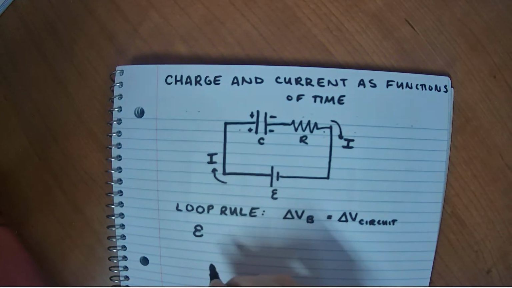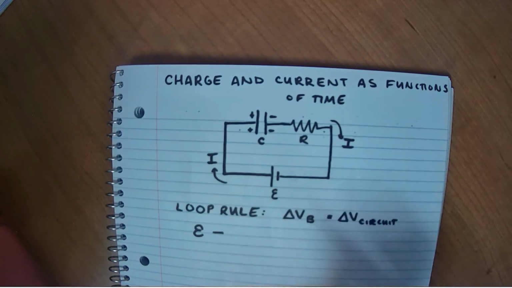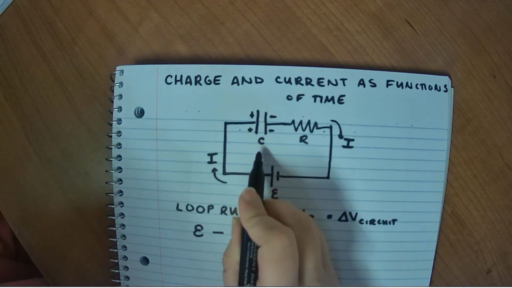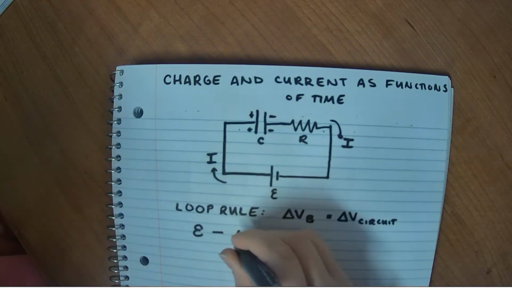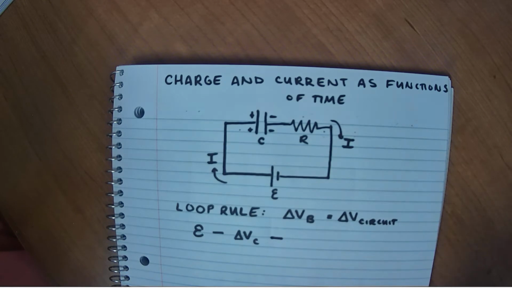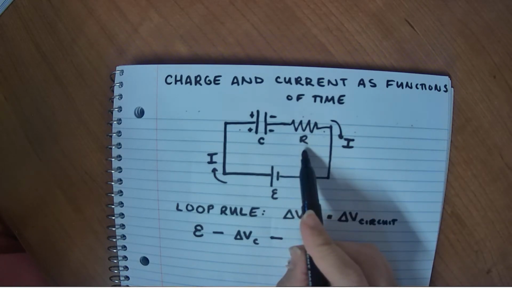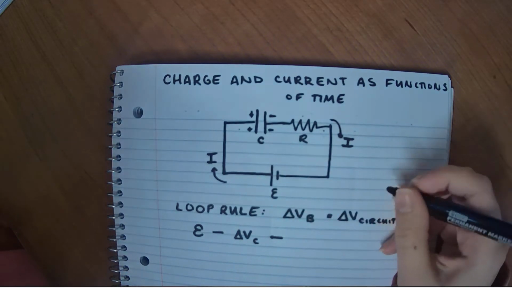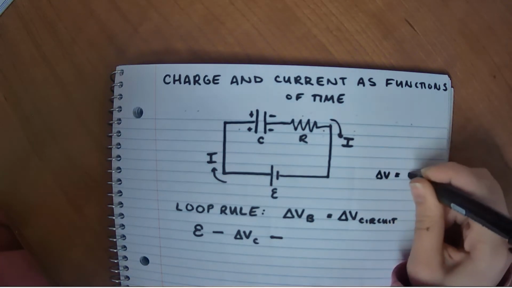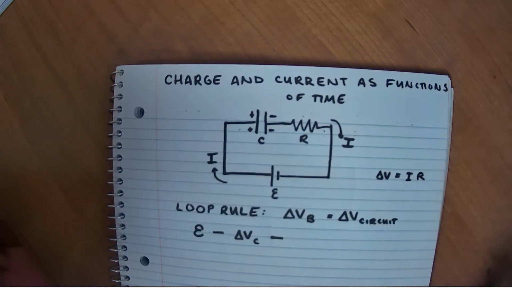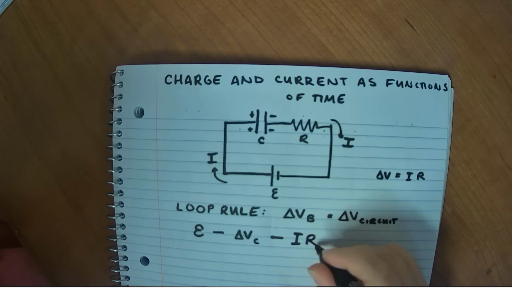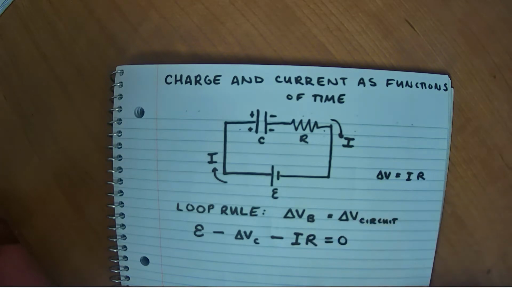So we can say EMF minus the potential difference of the capacitor, which is the change in V of the capacitor, and then also minus the potential difference across the resistor. We know that the potential difference is current times R, so we can write IR. And that's all going to be equal to 0.